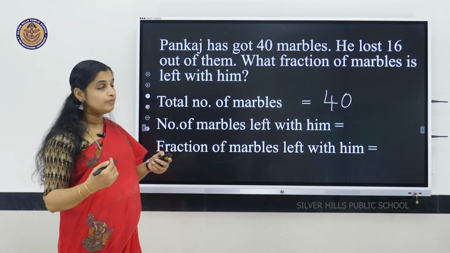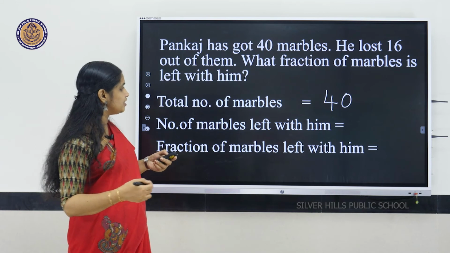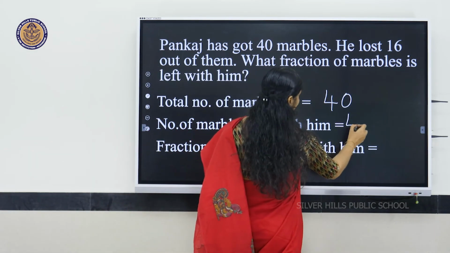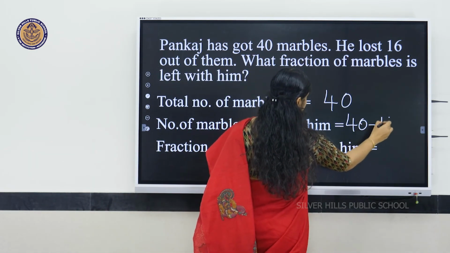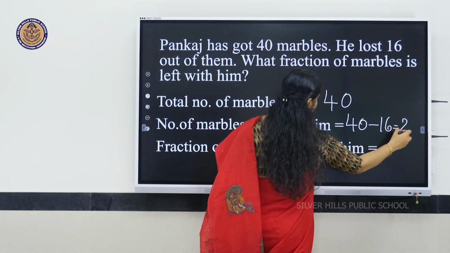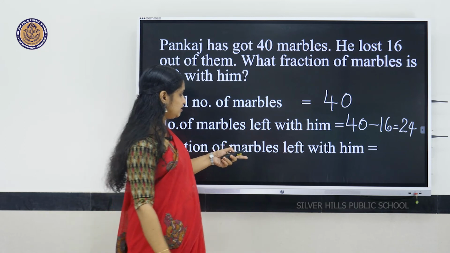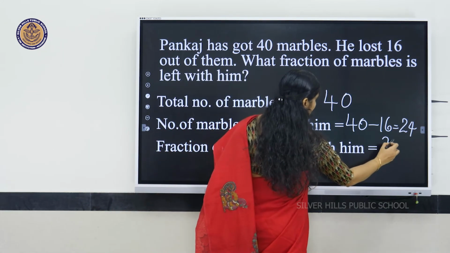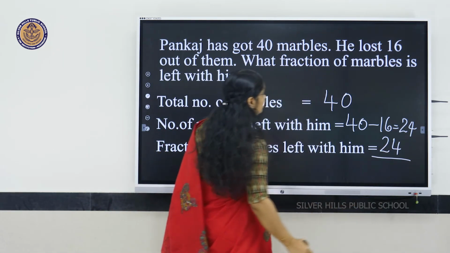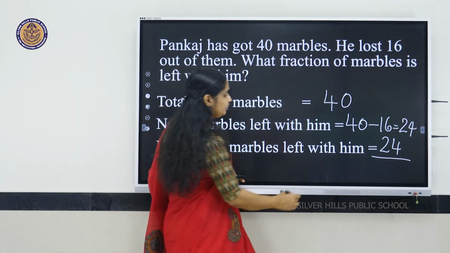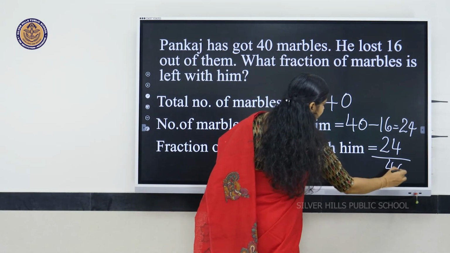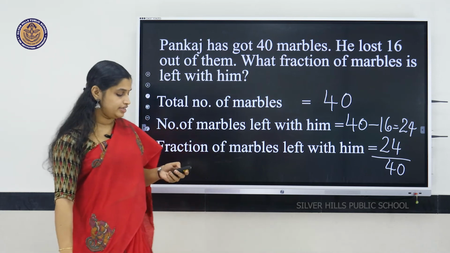He lost how many marbles? 16. So we have to minus, 40 minus 16, will get 24. Okay, now how can we write the fraction? 24 out of, what is the total number of marbles? 40. 24 out of 40.